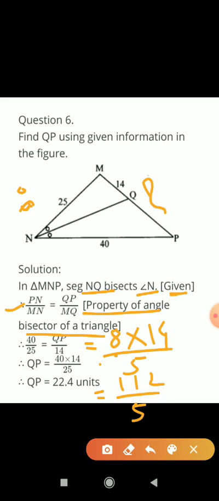Again simplify, divide by 5. So 5 2s are 10, remaining 1. Again 5 2s are 10 point, so remaining is now 2, and if we take the decimal point then we can take here 0. 5 4s are 20. So here the answer becomes 22.4 units. Okay, based on the angle bisector of a triangle.